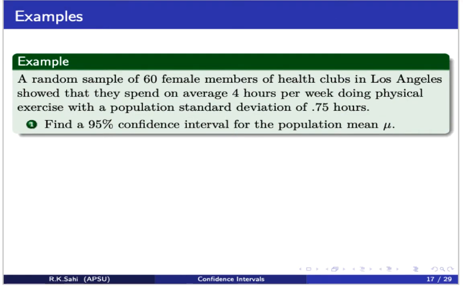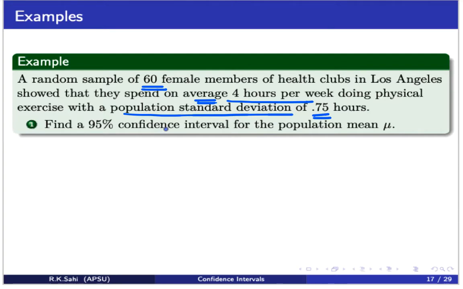It says a random sample of 60 female members, okay, that's my sample size, of health clubs in Los Angeles showed that they spend on average 4 hours per week, average means mean, doing physical exercise with a population standard deviation of 0.75 hours. We would like to find a 95% confidence interval for the population mean.